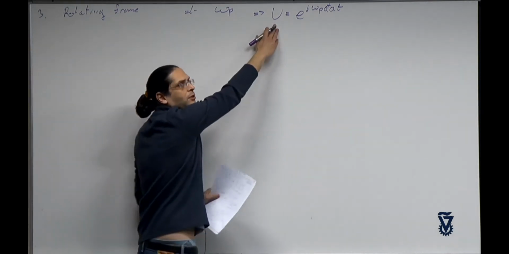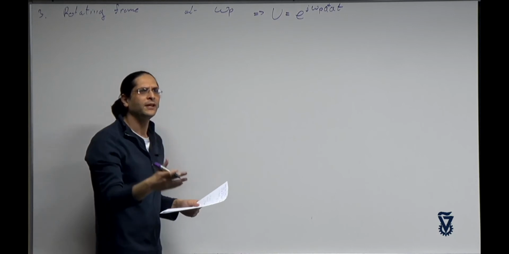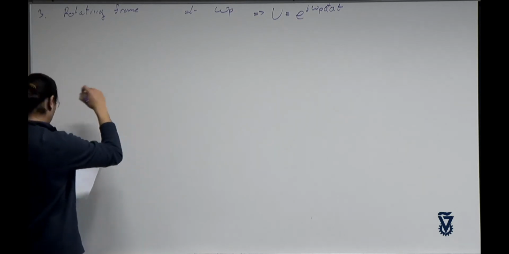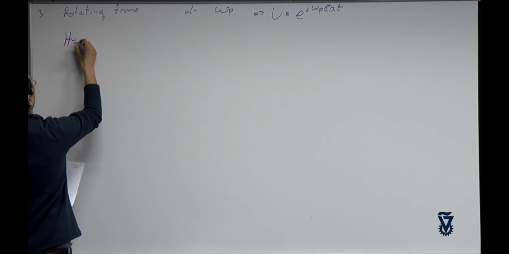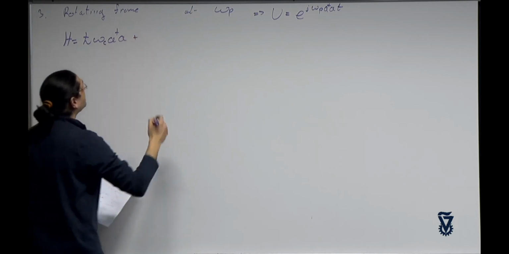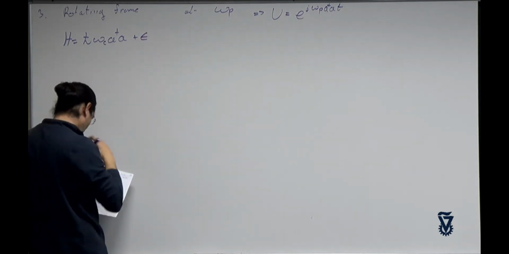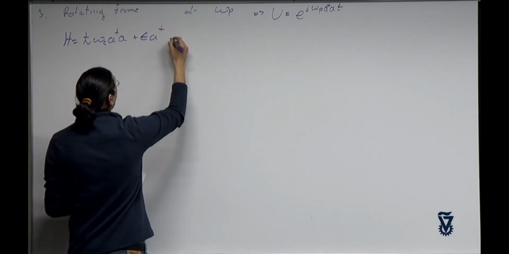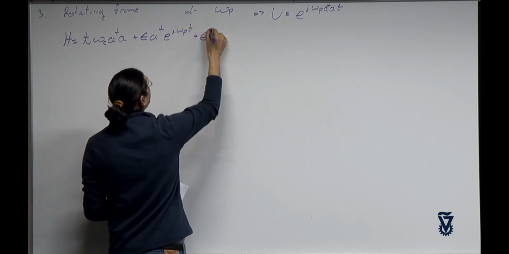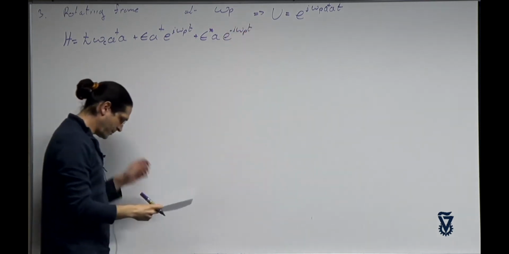If you apply this unitary to our Hamiltonian, the harmonic oscillator with a drive term, we had h bar omega c a dagger a plus epsilon a dagger e to the i omega pump t plus epsilon star a e to the minus i omega pump t.